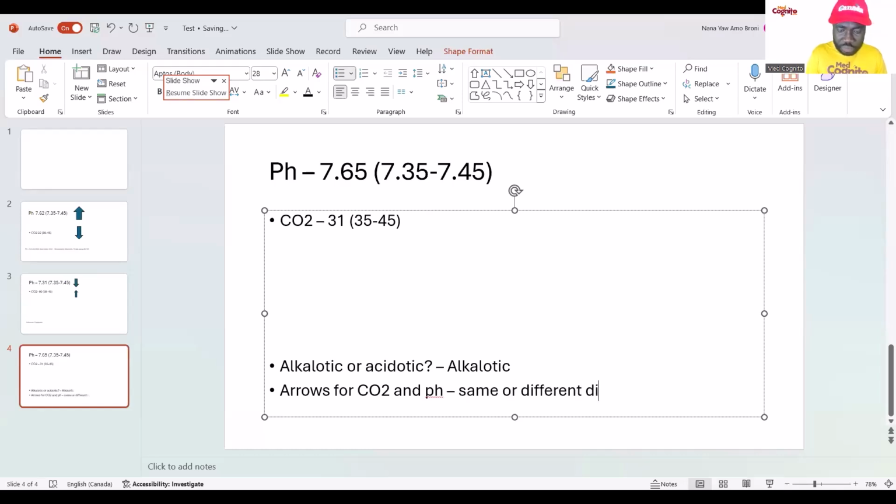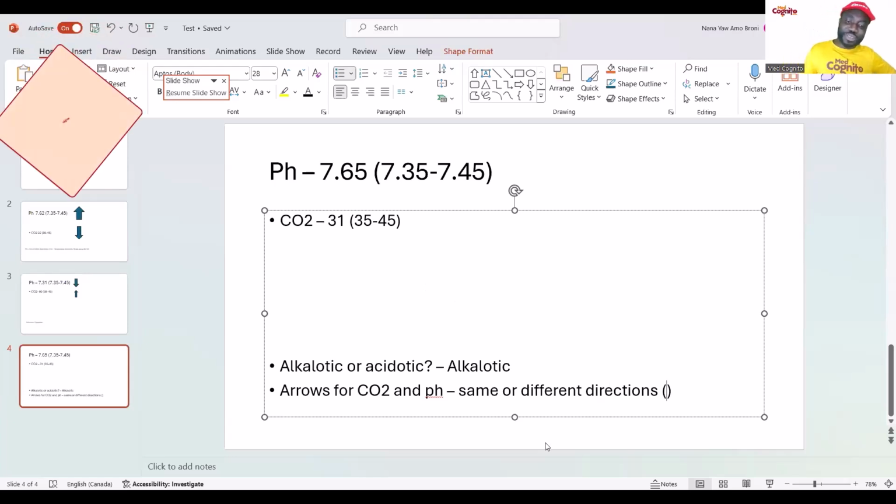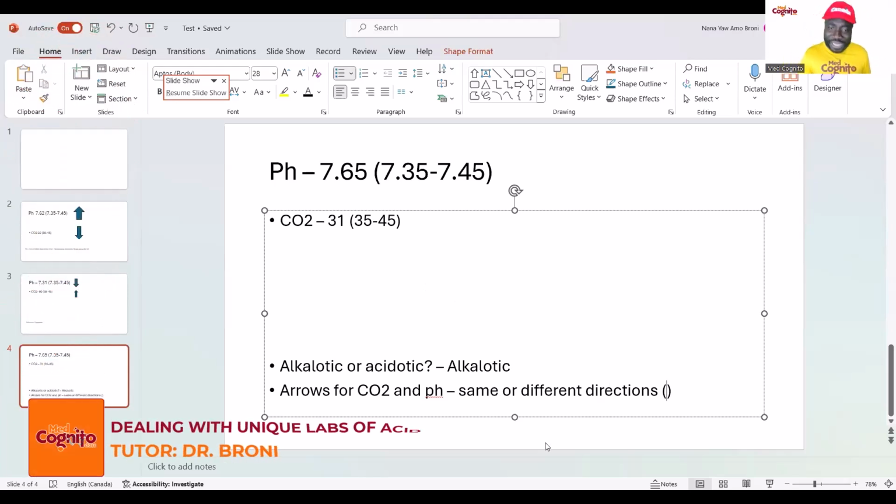Different direction. Opposite. And we said that as soon as pH and CO2 are going in two different directions, our answer is respiratory, and then we add the pH. So what's your final diagnosis? Respiratory alkalosis.